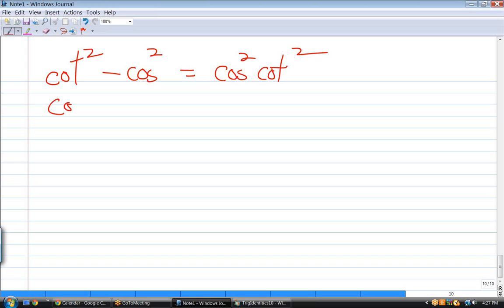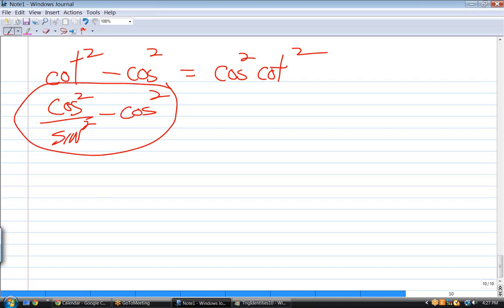So let's make it cosine squared over sine squared minus cosine squared. And now, what are we going to do with that? Common denominator? Yes, that's the key. You almost always want to find a common denominator, which is sine squared.